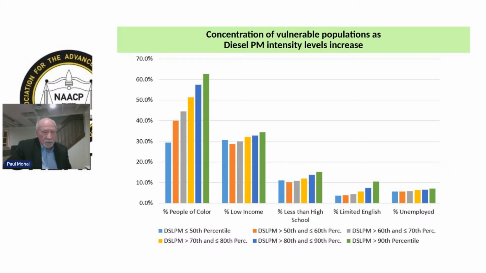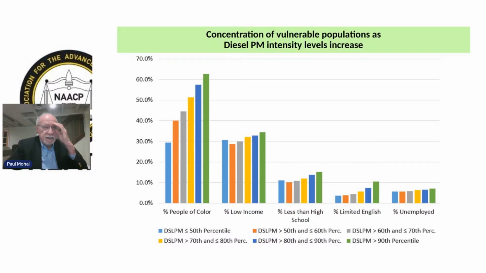When you're at the 50th percentile or less, it's only about 20%. You'll have to forgive me, I have to put my glasses on. It's about 29%. But once you get up to the 90th percentile and higher, the average percentage of people of color is over 60%.